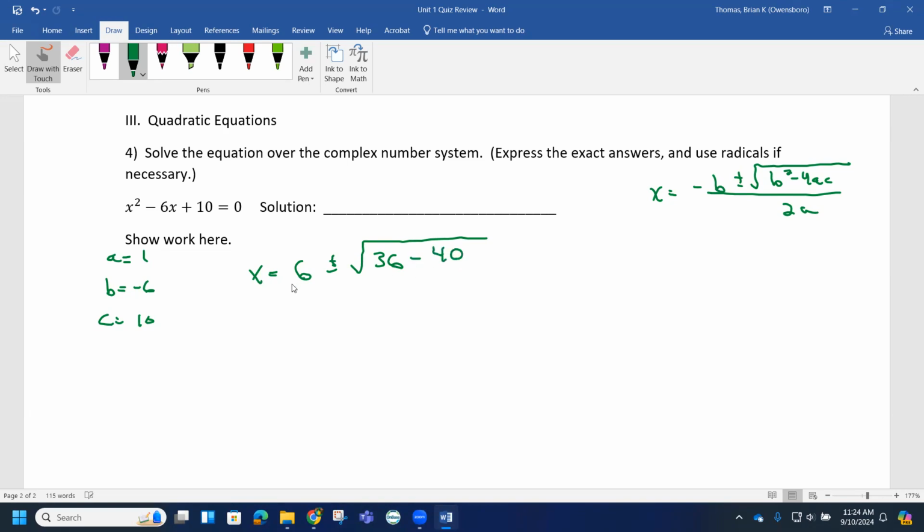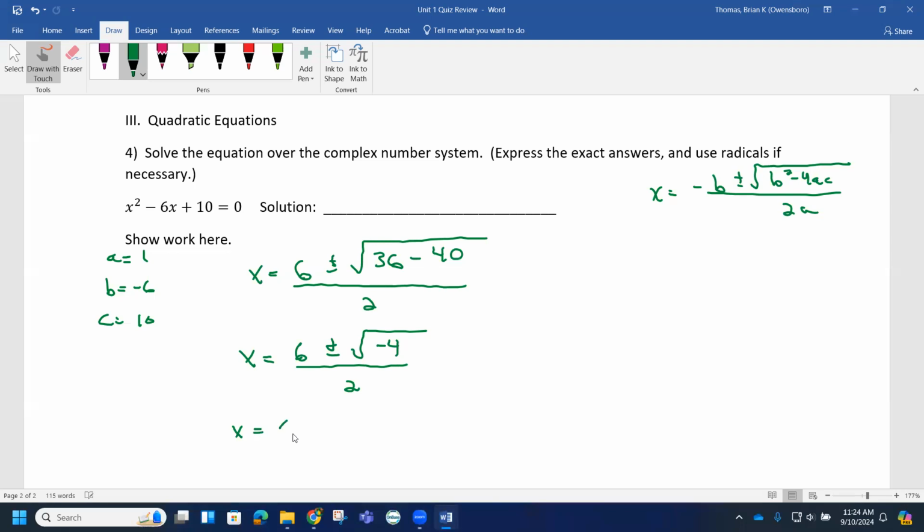So that's going to give me a 40 over then. And then 2 times 1 is just 2. So I have x equals then, looks like I have to do 36 minus 40. Simplify the radical. 6 plus or minus the square root of, looks like a -4 over 2.